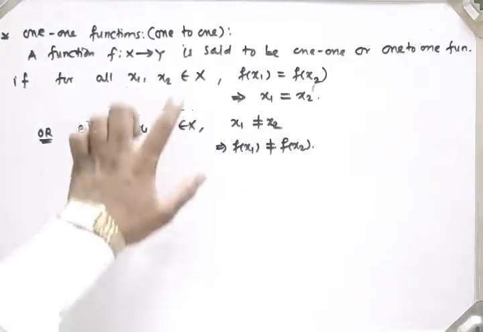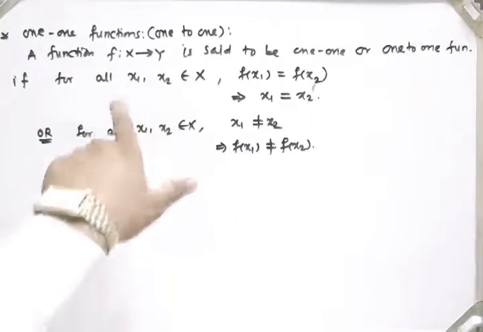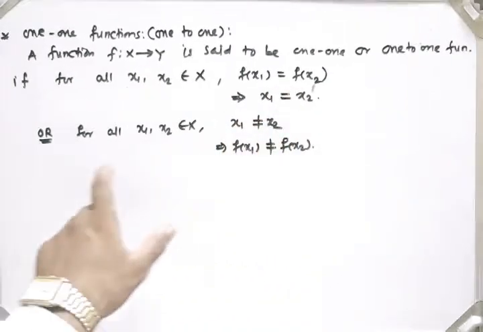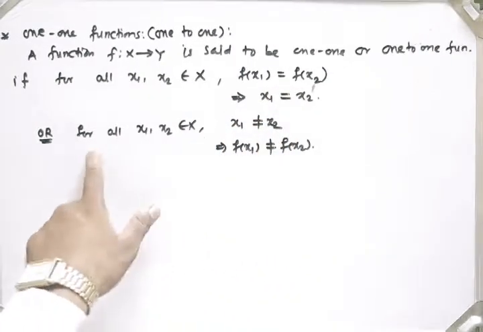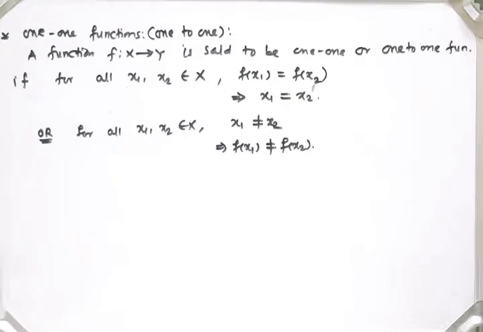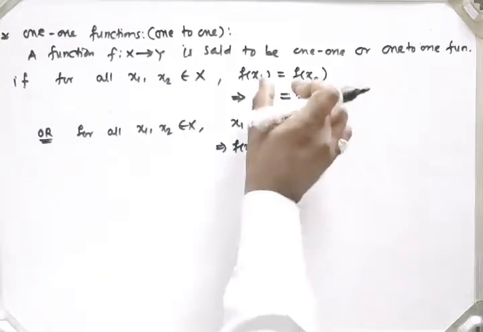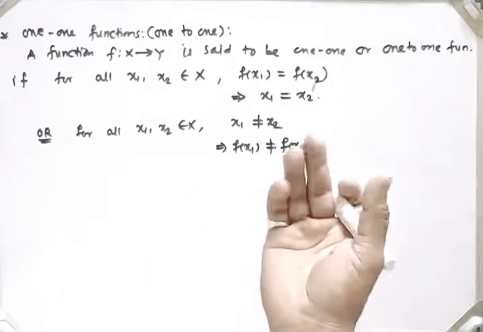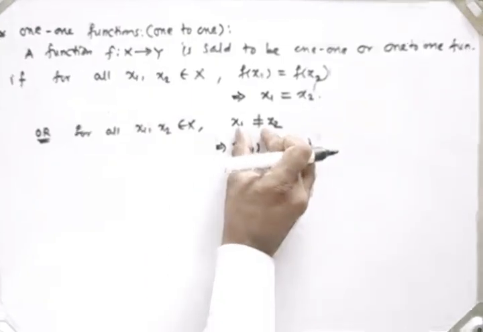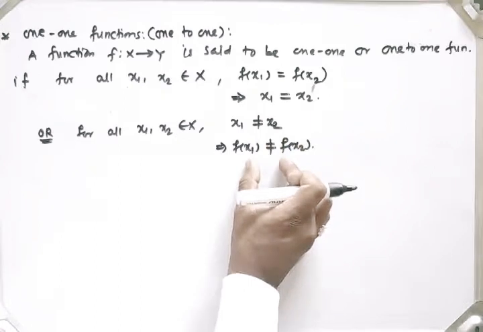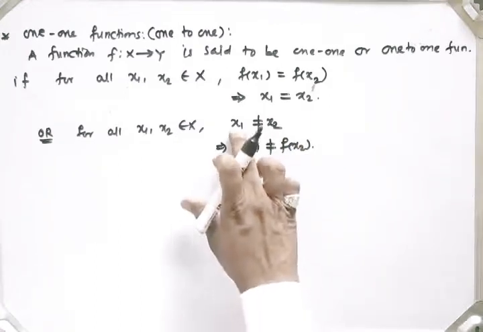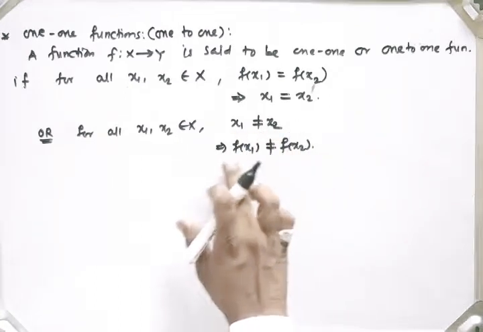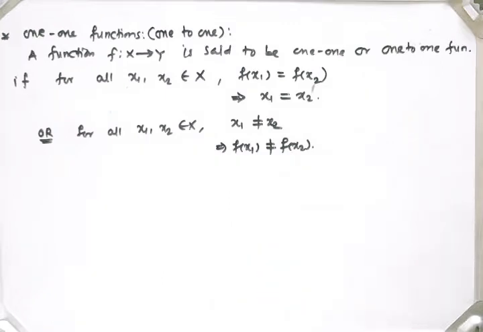From these two conditions, you can show using either the first or the second condition that the function is 1-1. Means if x1, x2 are not equal, then f of x1 and f of x2 are always not equal. Then we say that function f from x to y is a 1-1 function.